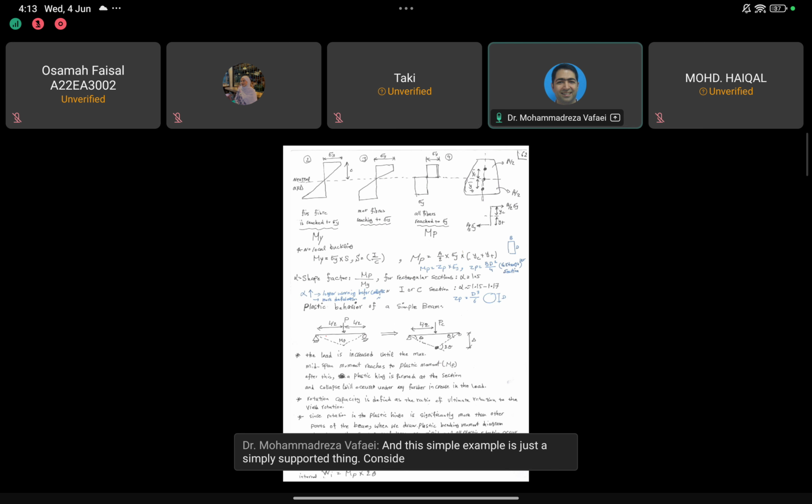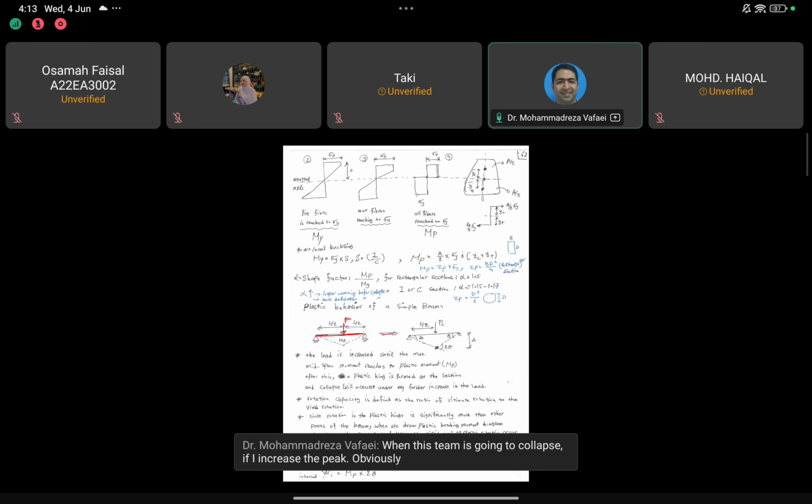Consider that we have a beam similar to this one, and we have a point load P applied to it. Under this load, we want to see the plastic condition and see what's happening. In other words, I want to know when this beam is going to collapse if I increase P.